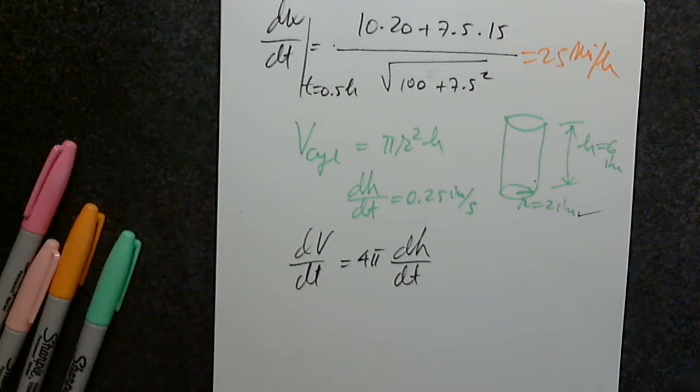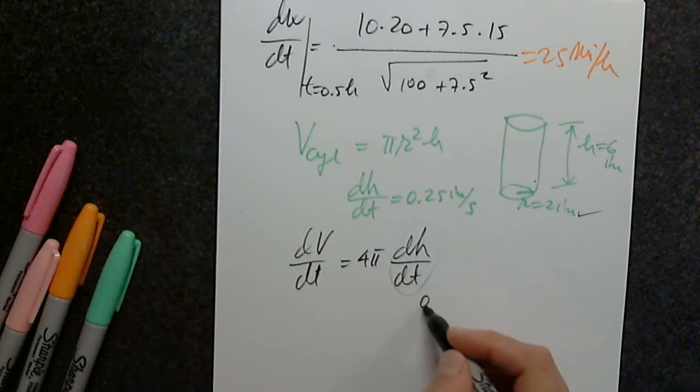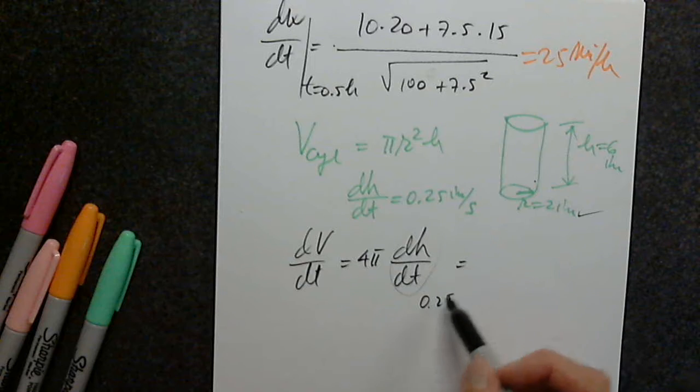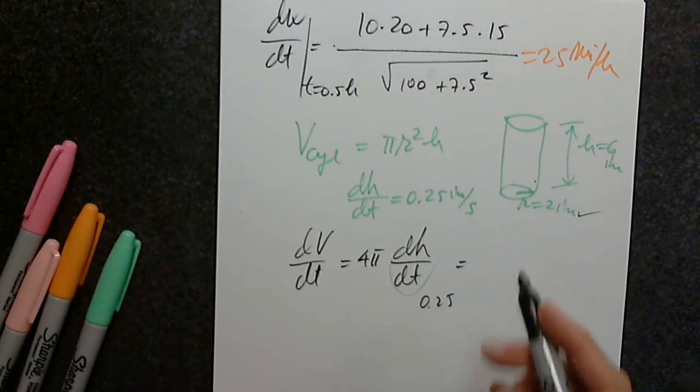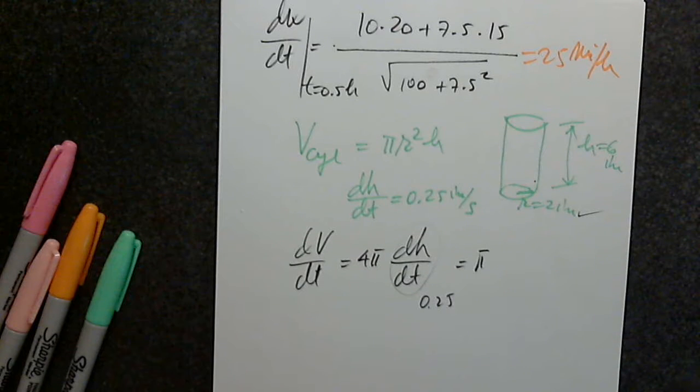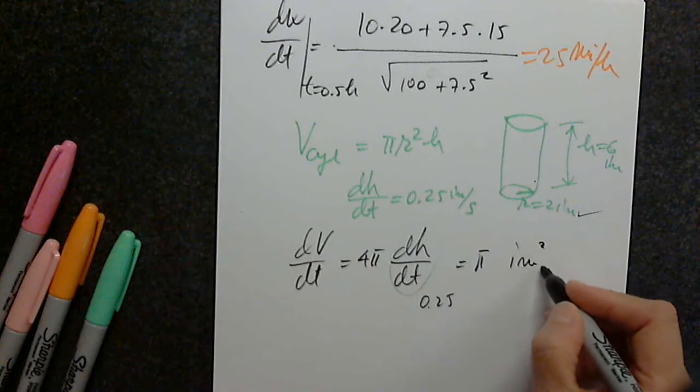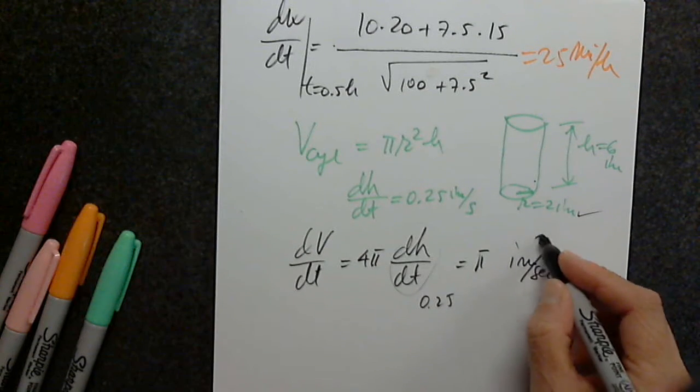We don't even have anything. We can replace this by 0.25. That's all. So 4 pi divided by 4 because 0.25. So this is pi. Measurement unit. Very good, awesome. Cubic inches per second.